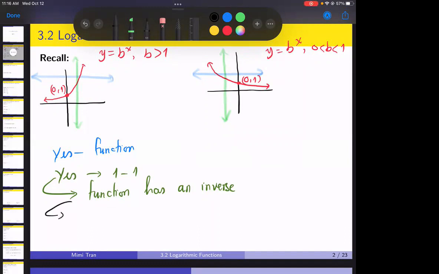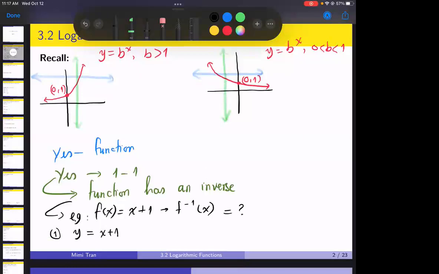Let me give you an example with an inverse function. If I give you f of x equals, say, x plus 1, just something simple, I want you to find f inverse. Do you remember this? How would you do it? Step 1: let f of x equal y. So y equals x plus 1.